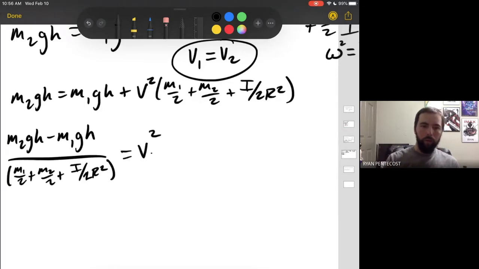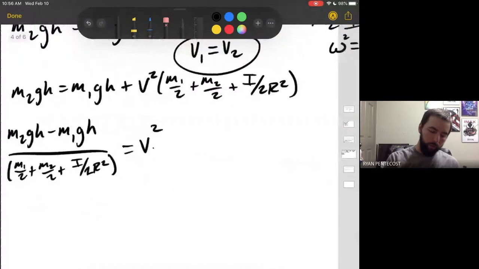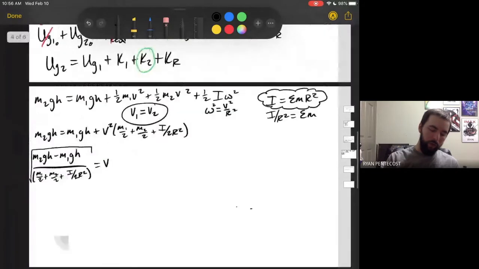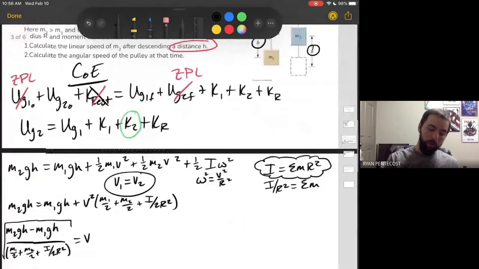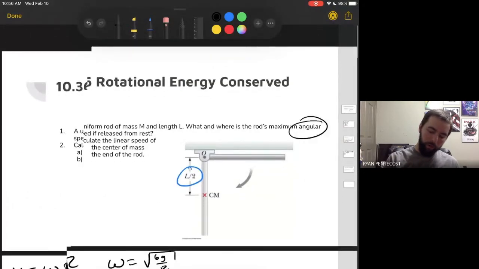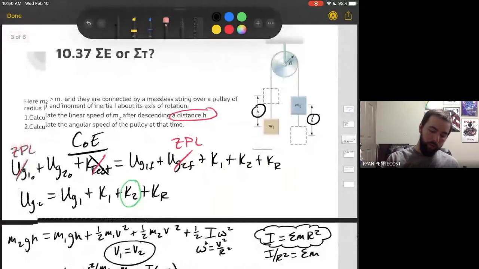So then to get your answer for linear velocity, you would take the square root of all of that to get your velocity. Right? So that's how that's going to work. And you can use that to find linear velocity also, right? We used it to find angular velocity, but now we're going to show that you can use that for linear as well.